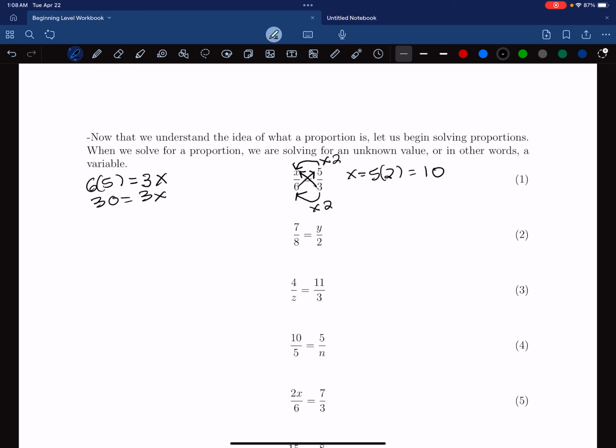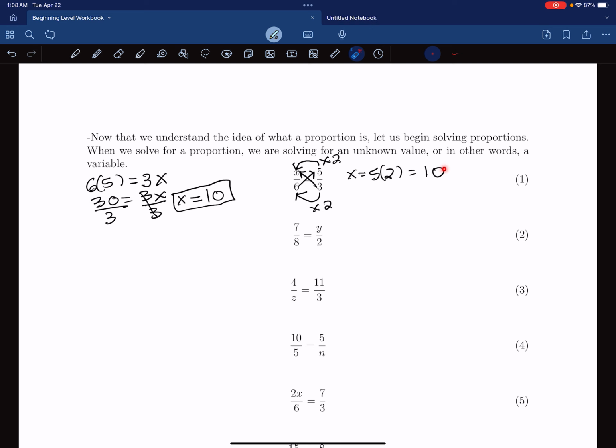And now if we recall in solving linear equations, to solve for x, we're going to divide 3 on both sides to get x alone. And we're going to get x equals 30 divided by 3 is 10. And as you've seen earlier, we did logic through this.